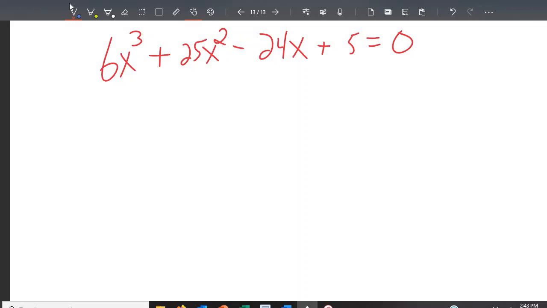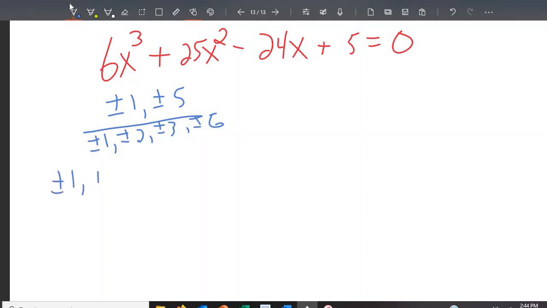So remember, it's always the last number, so it's the factors of the last number divided by all the factors of the first number. Okay, so we take every number in the top, divide it by 1. And we'll get that.